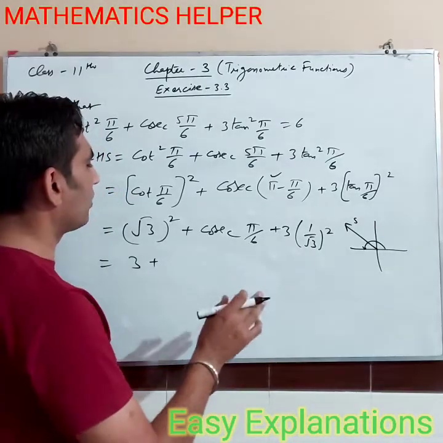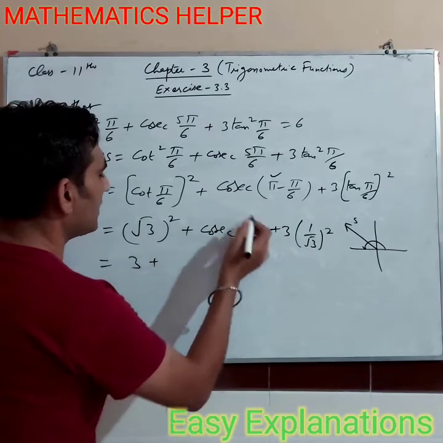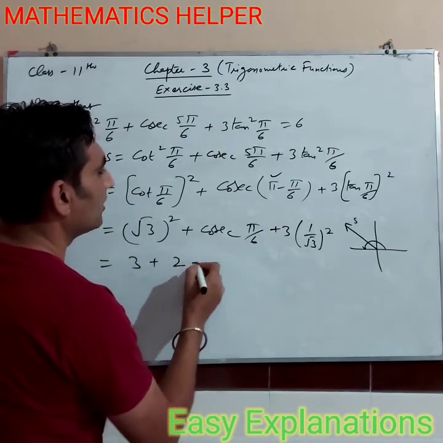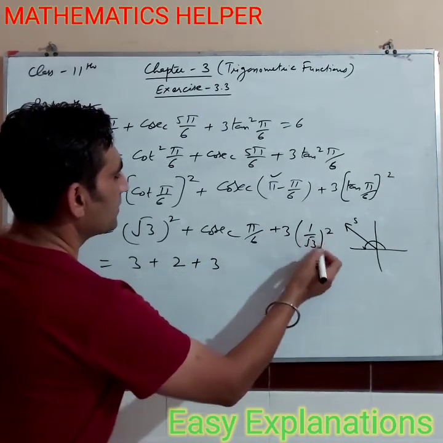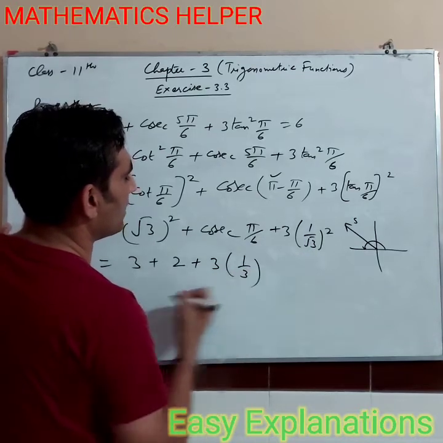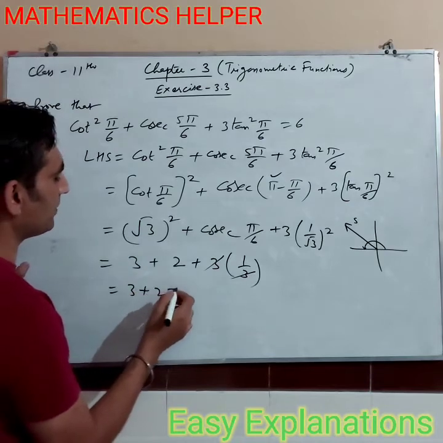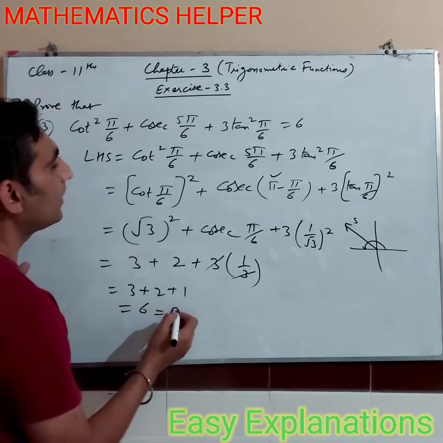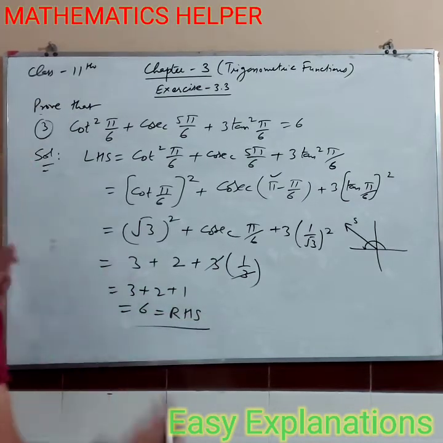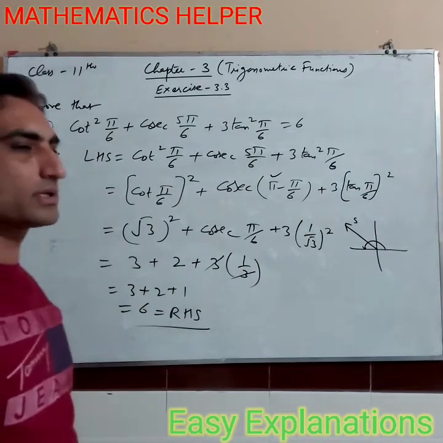Sine 30 is 1 over 2, so it is reciprocal of 1 over 2, which is 2 plus 3 into 1 over square root 3 will give after squaring 1 over 3 only. So 3 cancelled, we have 3 plus 2 plus 1, which is 6, or we can say it is same as the right side of equality. This was question number 3.